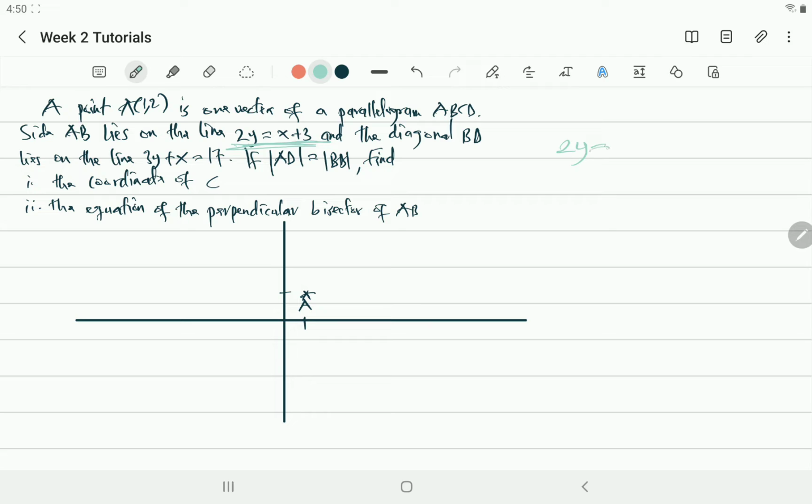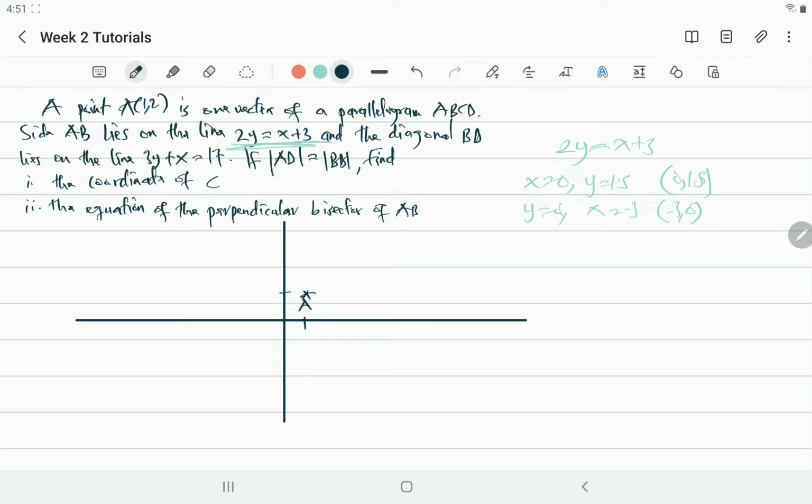Assuming the line is 2y equal to x plus 3, if x equal to 0, we can see that y will be equal to 1.5 by some simple evaluation. So this gives us 0, 1.5 as one of the points, and if y equal to 0, the x-intercept will be x equal to minus 3, and that gives us minus 3, 0. So I am supposed to plot 0, 1.5 and minus 3, 0.